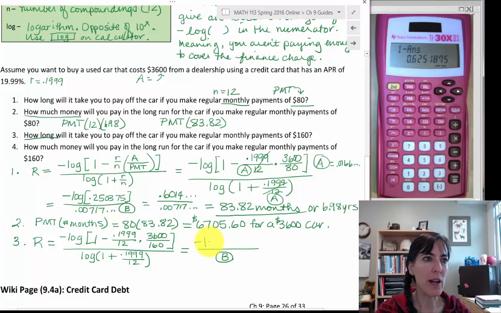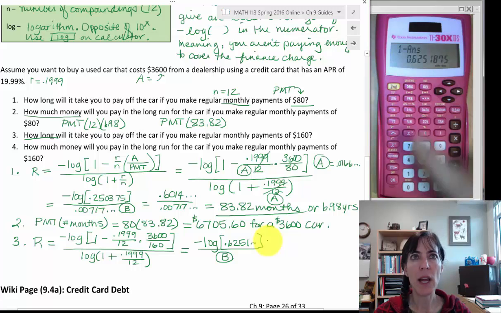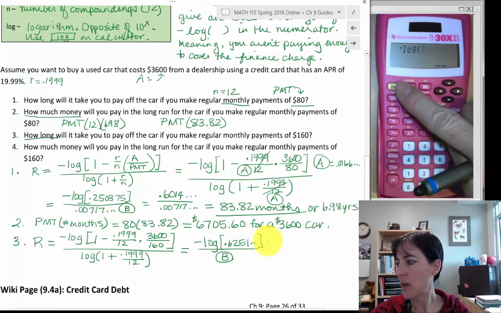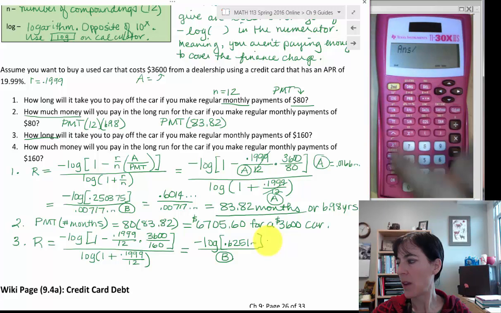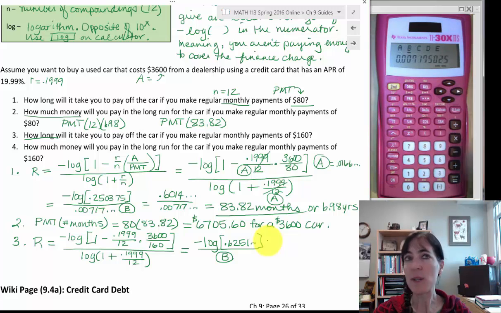Remember, here's where I have to do the negative log of 0.6251. And to do that again, I can start off this way. This is a little bit different. Do the minus log of the answer, and I can go straight to my answer, which is 0.2039, and so on. Divide by B. What's in B?